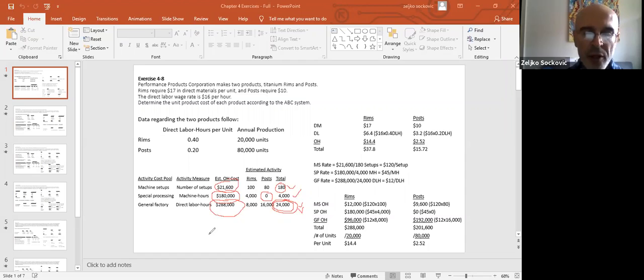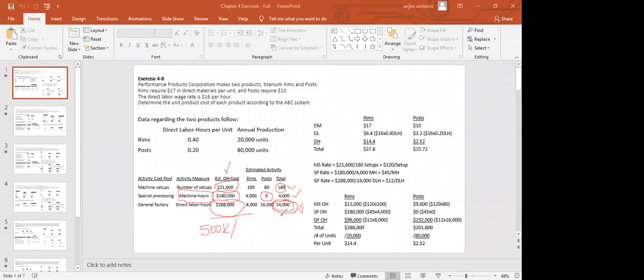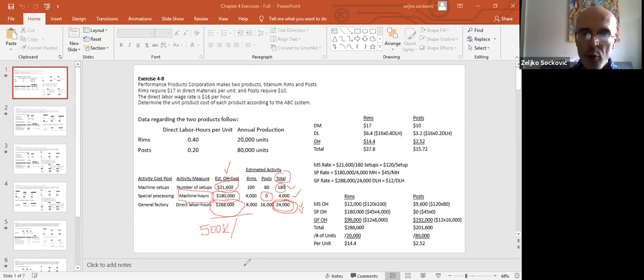Think about this. Let's make it $500,000, 500K total, to make it easier to calculate. So we have $500,000 in total overhead, and we are using the traditional method, right? We will divide this by the allocation base. What is our allocation base if we use machine hours? 4,000 total, right? We have to use the total allocation base.